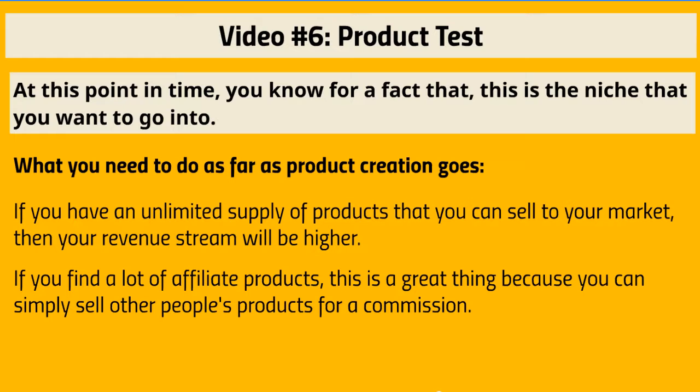Now, if you create your own product, obviously, you get 100% commission. So you are the vendor, so you get 100% of the product. Now, that's the nice thing about products, but product creation definitely does take time. And a shortcut of that is what we call private label rights products. What that means is you have somebody who has created a video course or a report or an ebook or some sort of product, and they are giving you rights to put your name on it and make it as your own.